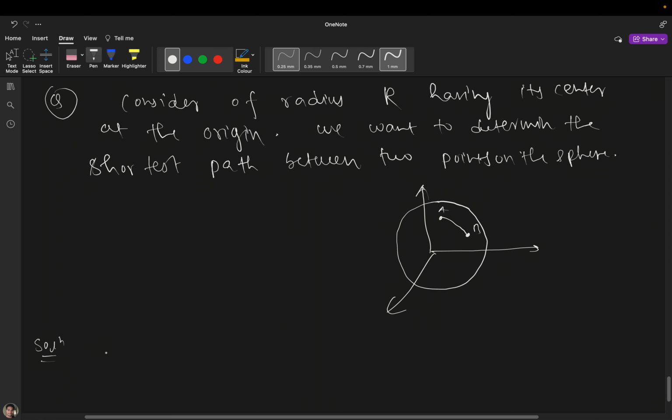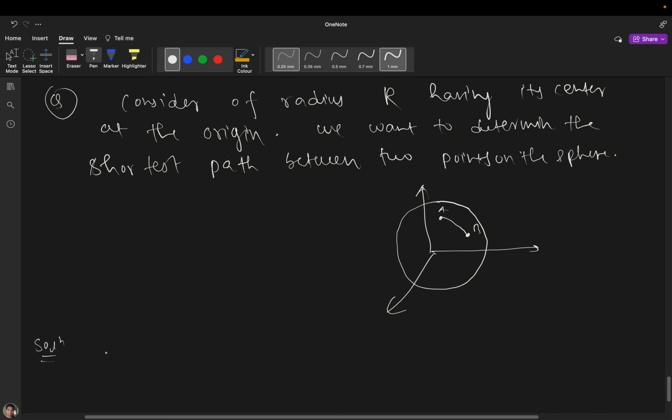You can consider our earth as a sphere. You can clearly see that the distance between A and B on the surface of the earth will be a curve, not a zigzag path.